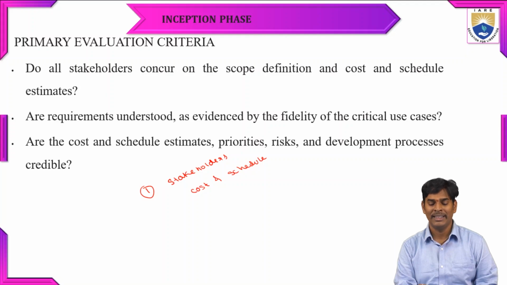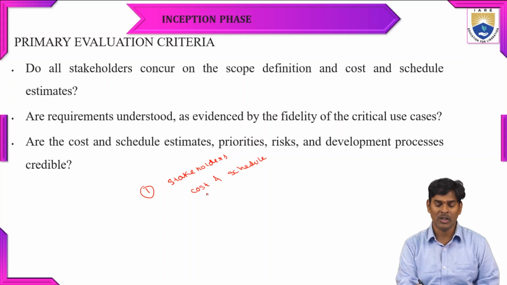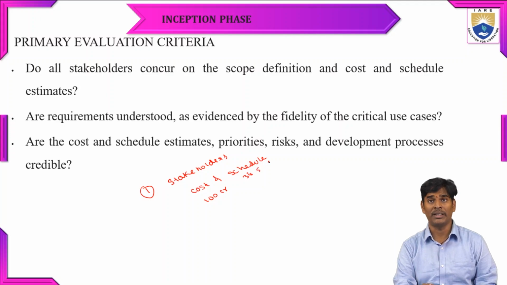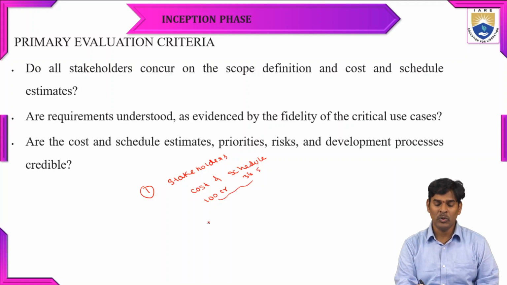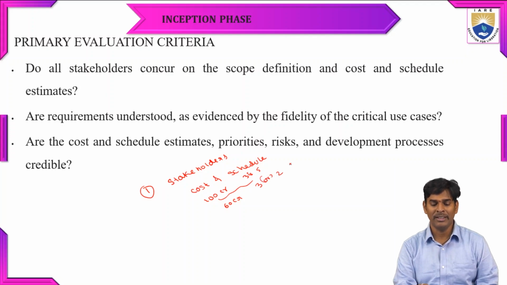Sometimes the stakeholders cannot agree upon the cost and the schedule, because the company may estimate a cost of 100 crores and take 3 to 5 years for the project. Now the stakeholders want to minimize this cost to 60 crores, and it must be completed within 3 years, or sometimes 2 years. So that's why all the stakeholders must concur on the scope definition and cost and schedule estimates.